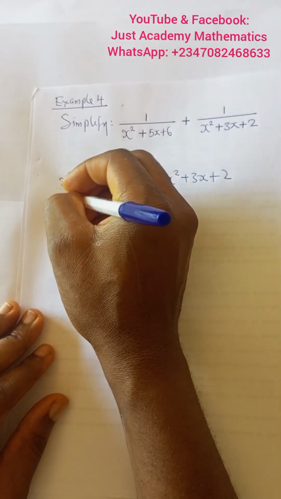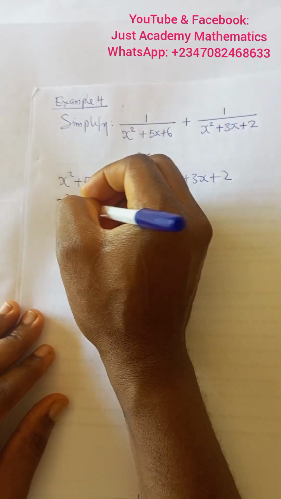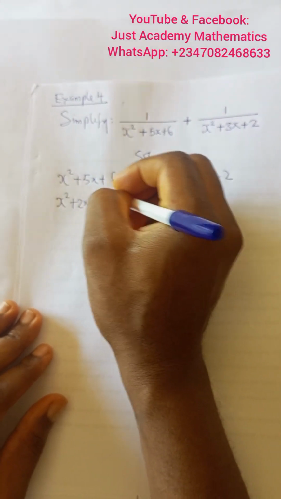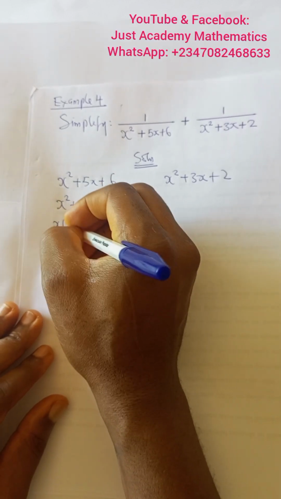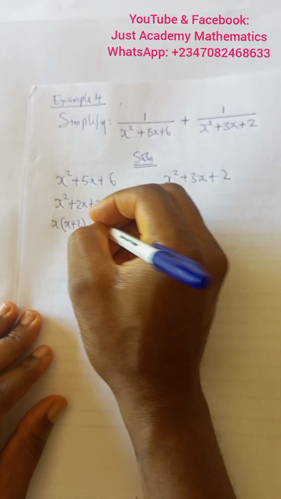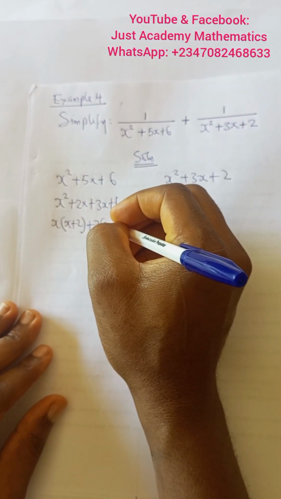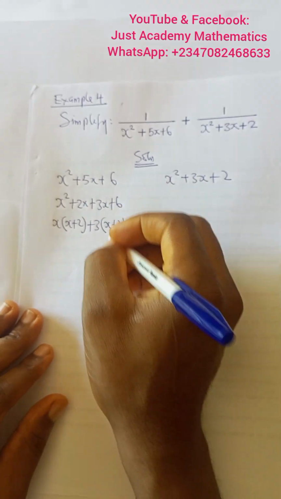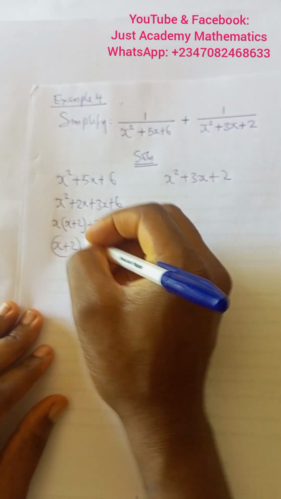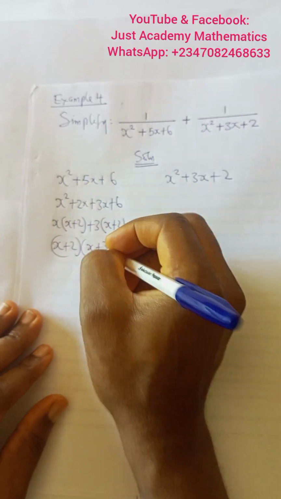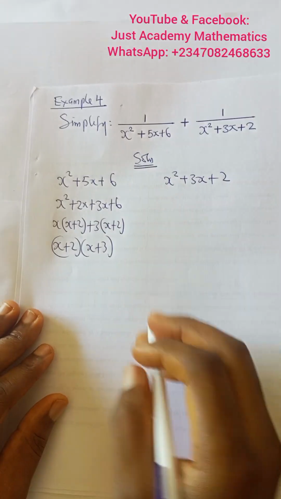So that should work. s squared plus 2s plus 3s plus 6. What is common? s is outside, remaining s plus 2. What is common? Plus 3 is outside, remaining s plus 2. So here we have s plus 2, and what is remaining is s plus 3. So this is this.